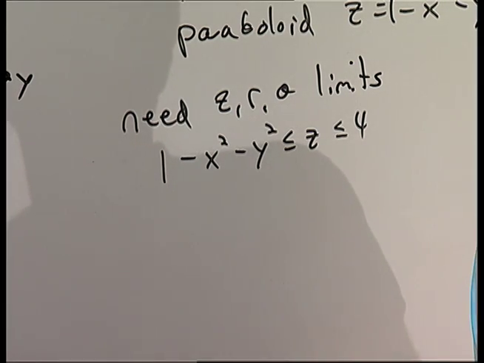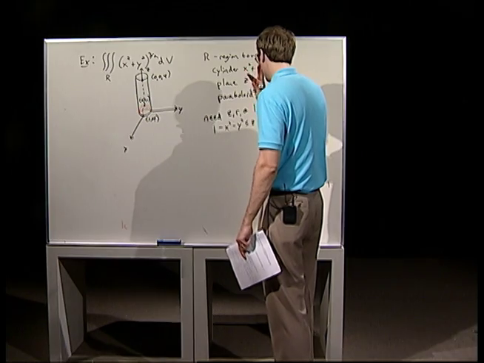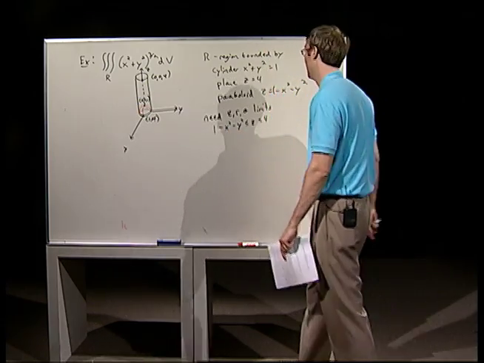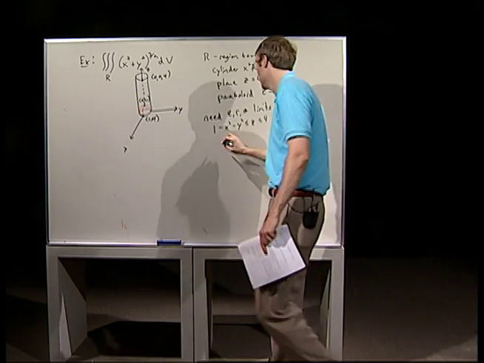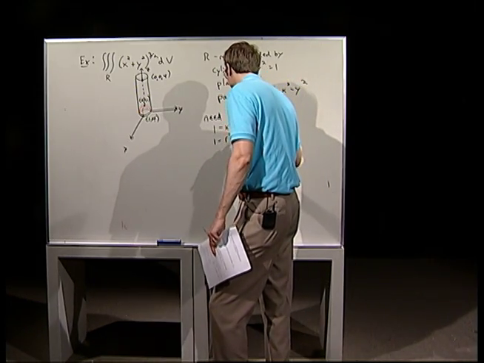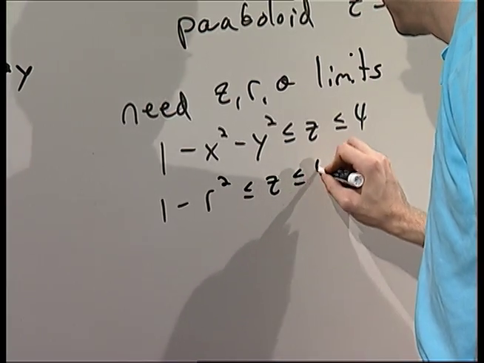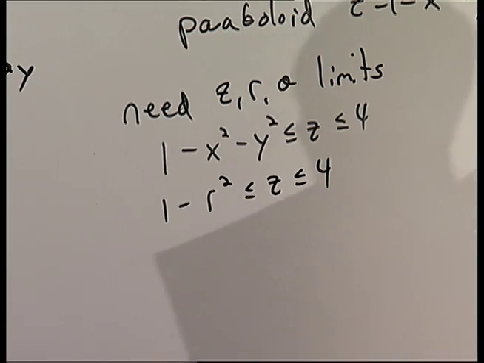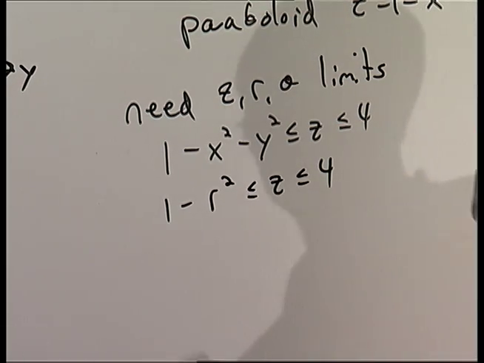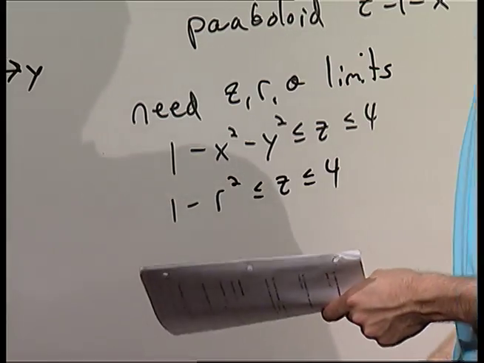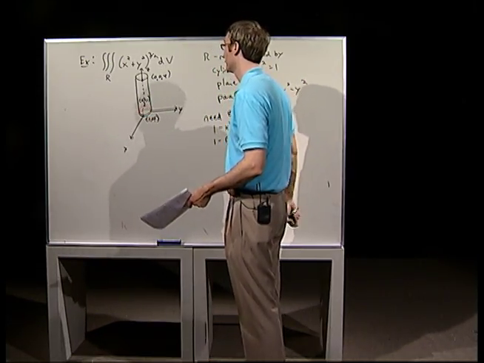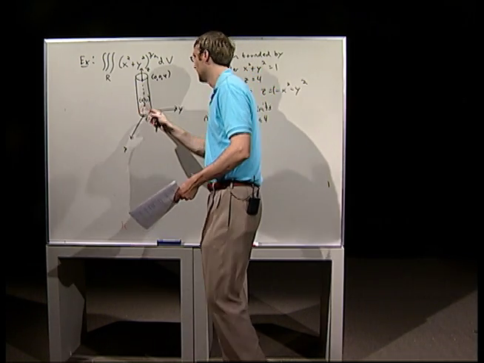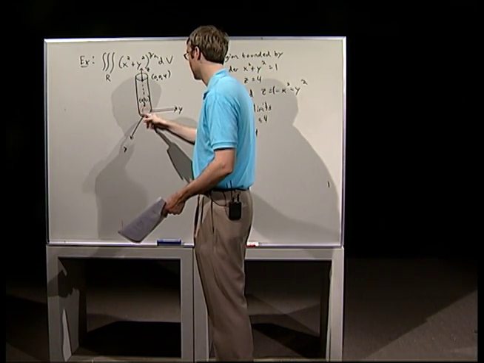In particular, remember that x squared plus y squared is r squared, right? This is r equals 1, the circular cylinder. So this is really 1 minus r squared is less than or equal to z is less than or equal to 4. That's the z limits. The r limits of integration: this thing is a circular cylinder of radius 1. So in the xy plane, the r limits are from 0 to 1.